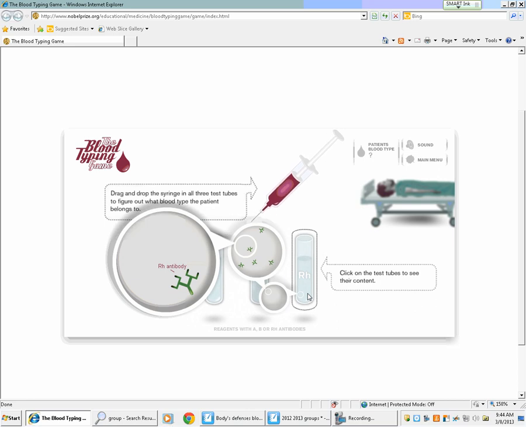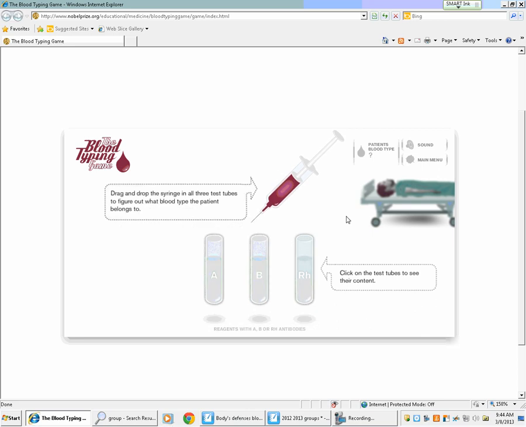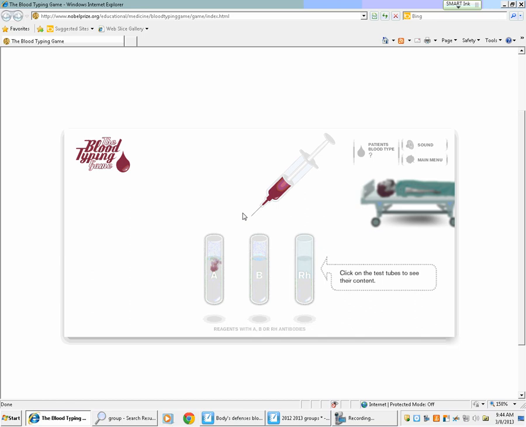Doctor, are you ready to test this patient's blood in the test tube? Go right ahead, starting with test tube A. So you have to move back, Dr. Taylor. They can't see. You can move over here, Dr. Taylor.